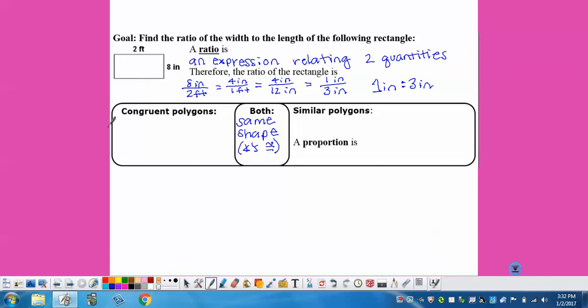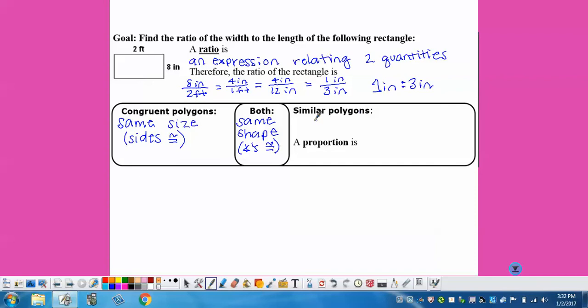In congruent polygons, they are the same size, which tells us that the sides are congruent.